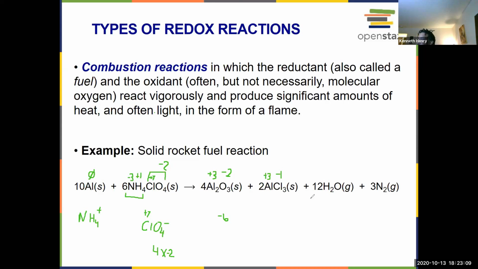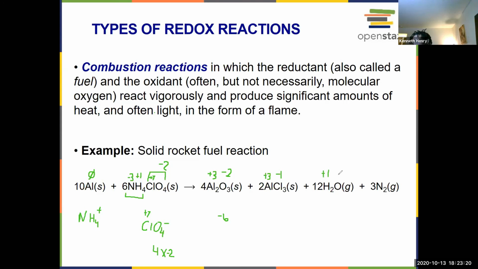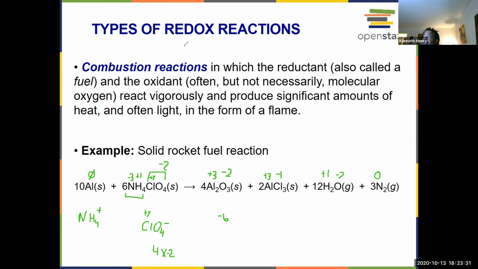Then we come over here. Our hydrogen is going to be +1, our oxygen is going to be -2, our nitrogen gas is going to be 0. If we look at the nitrogen, we're going from a -3 to a 0.